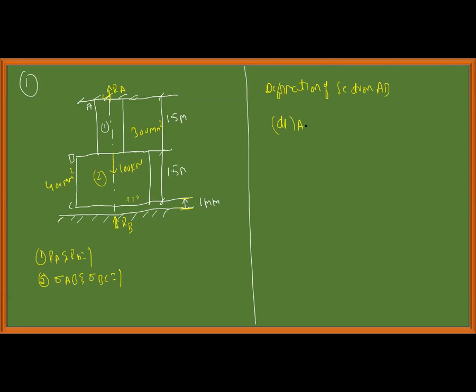Delta L of AB is equal to PL by AE of AB. So in this type of problem, there is a 100 kilonewton load applied.